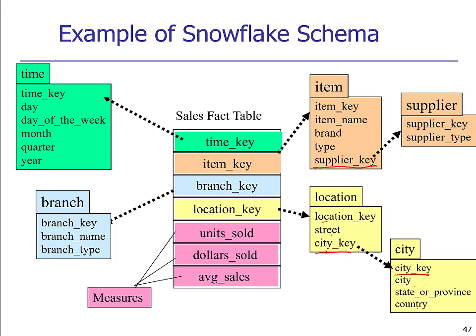All right. So previously we mentioned that for star schema we don't do further normalization on the dimension tables, but here there are 2 reasons that we do this.